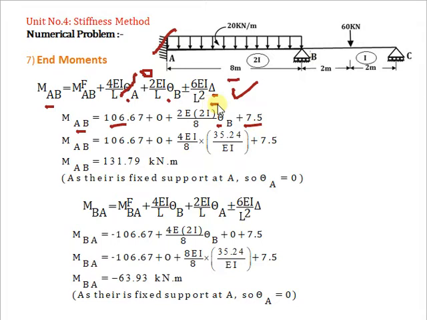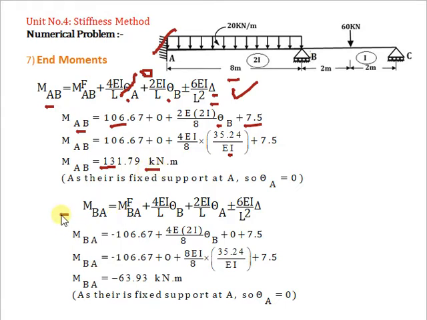We know the moment created due to the delta, already calculated, and after putting the value of theta B as 35.24 by EI, we have MAB as 131.79 kN meter.